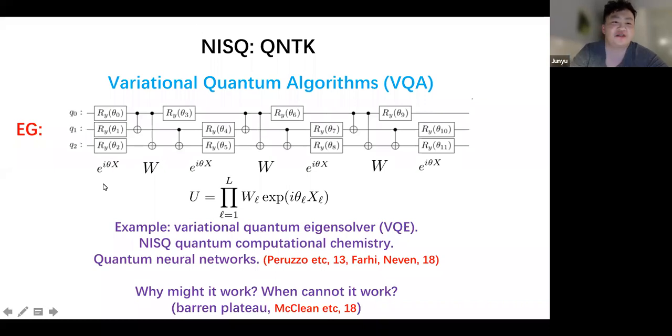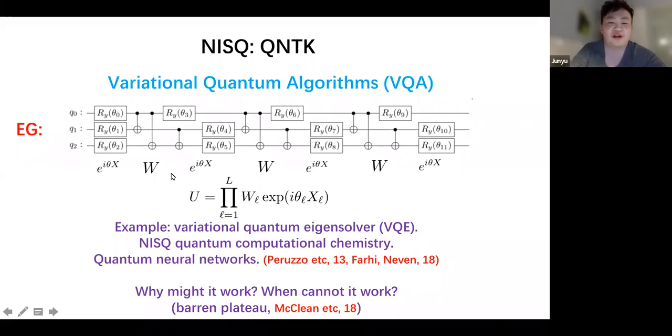For instance, here is an example where we have some local rotations, Ry, parameterized by some classical variables theta, together with some other gates, like a few CNOTs introducing some entanglement.